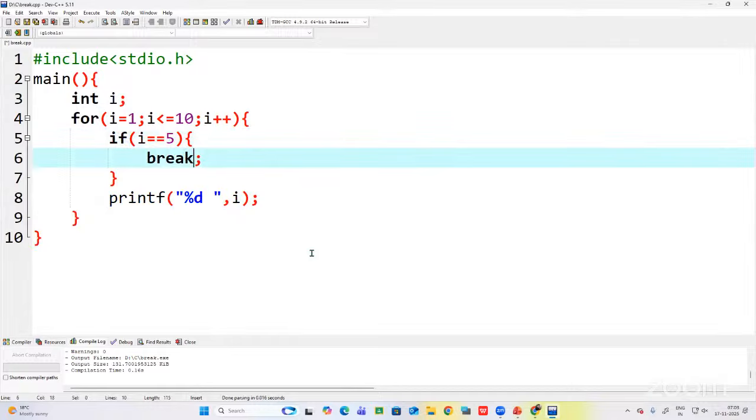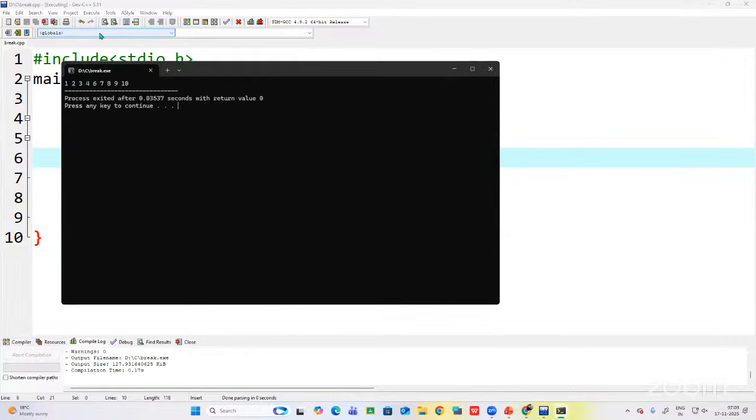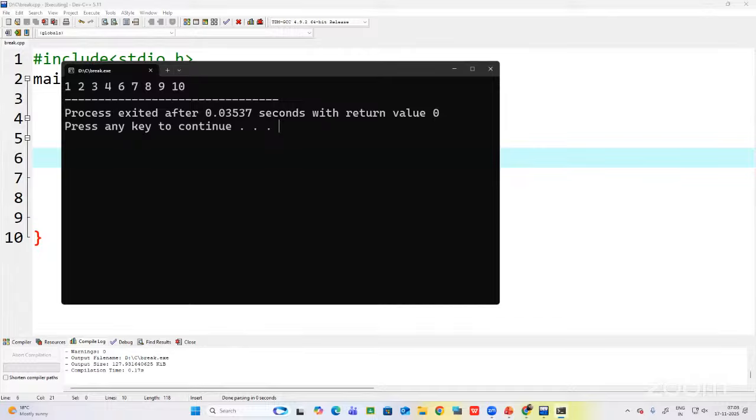Instead of break, if I have continue here, you know what happens? I get printed 1, 2, 3, 4, 6, 7, 8, 9, 10. 5 is missing. That is the difference between those two loops.